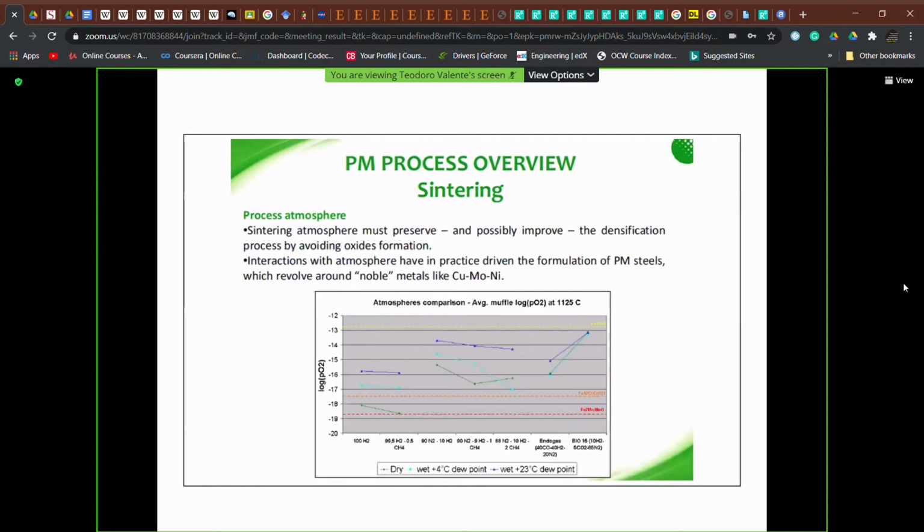with our starting powders. The atmosphere of sintering is important, again, as I said before, but I want to underline again, depending also on the starting materials composition, because in any case the sintering atmosphere must preserve the densification without formation of unwanted compounds, like for example oxides.